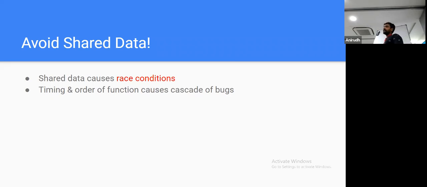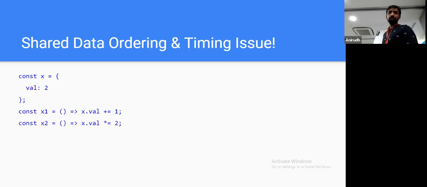We also have timing and order of function issues. So that can cause a lot of bugs. I'll just give a very simple example. Say suppose there is a variable x which has a value 2, and we have two functions, x1 and x2. X1 increments the value by 1, and the second function just multiplies it by 2.